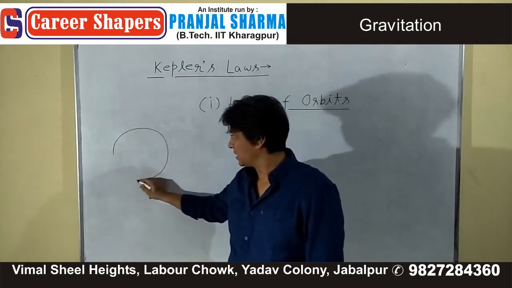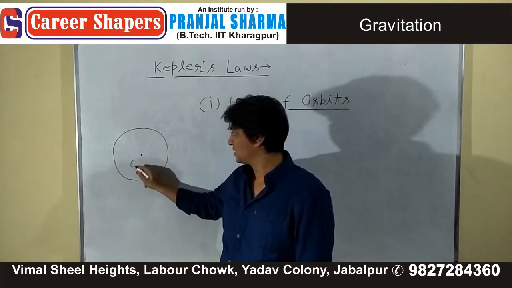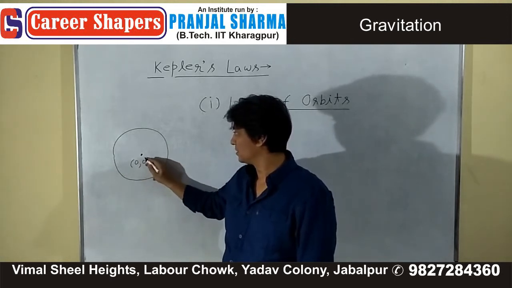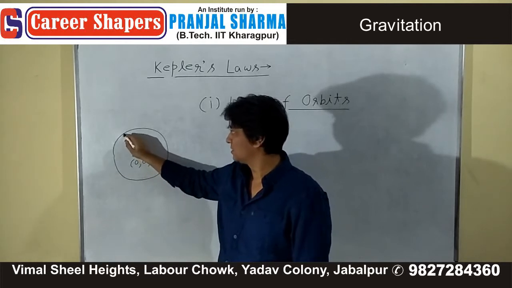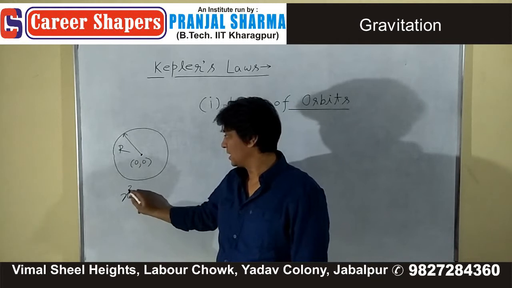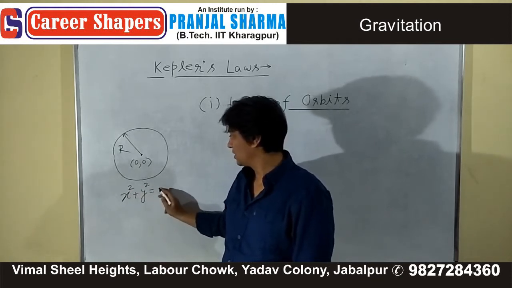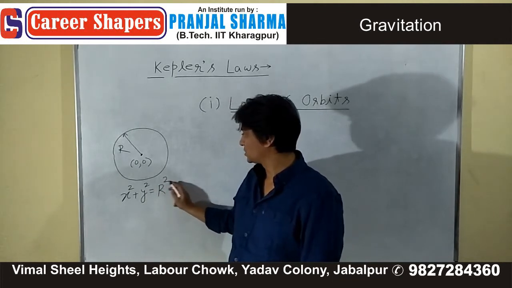You all know that the equation of a circle with center at origin, if radius is r, is given by x square plus y square equals r square.